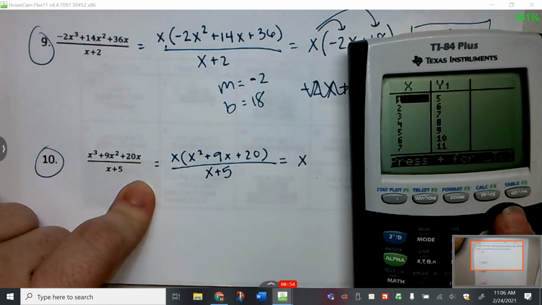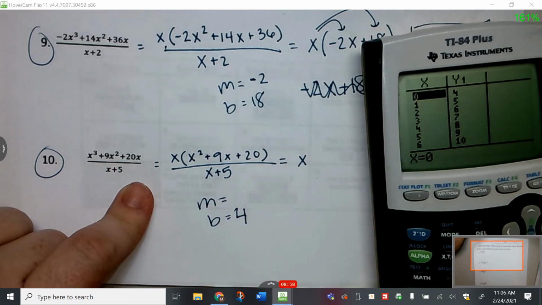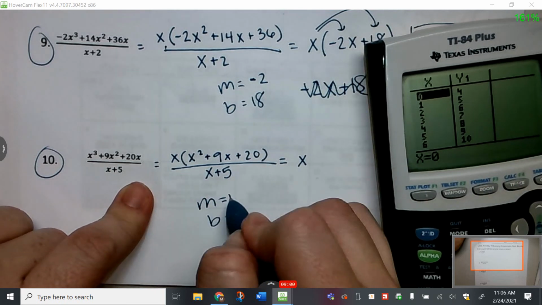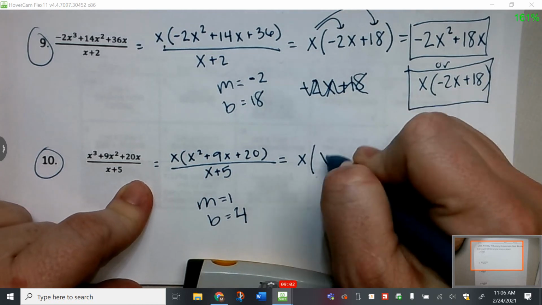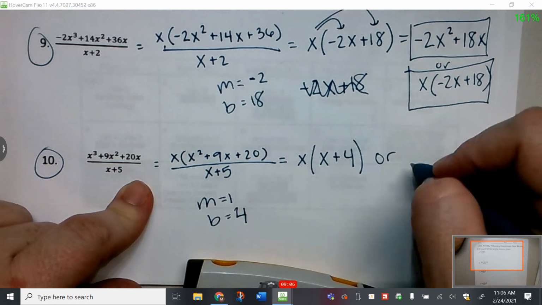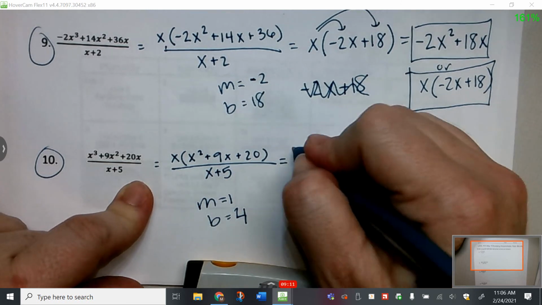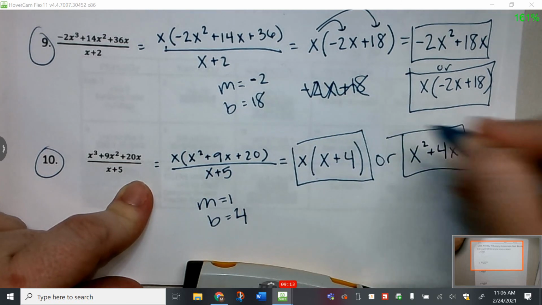So b is 4, because that's where x equals 0, and it's going up 1 each time, so m is 1. So it's going to be x plus 4. Or we can see it where it's distributed. So x times x is x squared. x times 4 is 4x. So one of those.